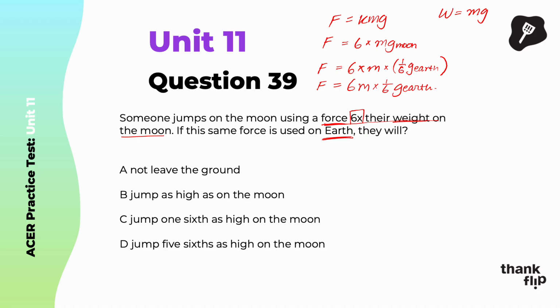All right? And so what we can do here is simplify it. So F is equal to 6 times 1/6, which is 1, times the mass times gravity on Earth. Right? So this is what we get: force is equal to mg.